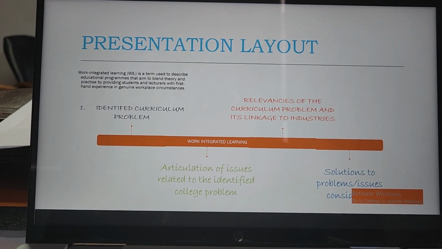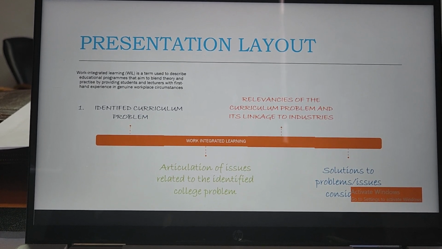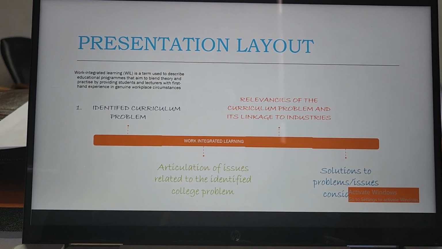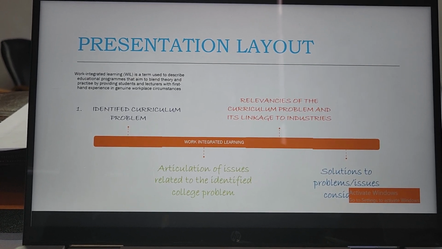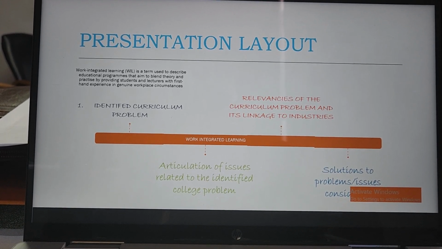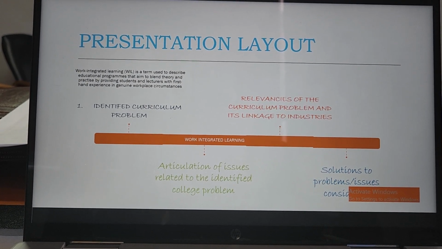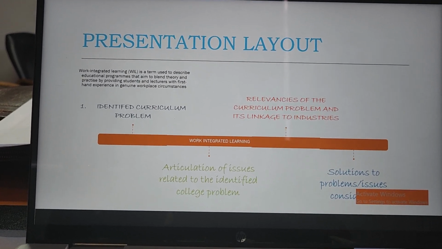The development of this presentation incorporates assignment 1 up to assignment 3. So all the elements of my presentation will be touching base on what I have done for my assignment 1, my assignment 2, and finally what I have done for the last assignment, which is assignment 3.